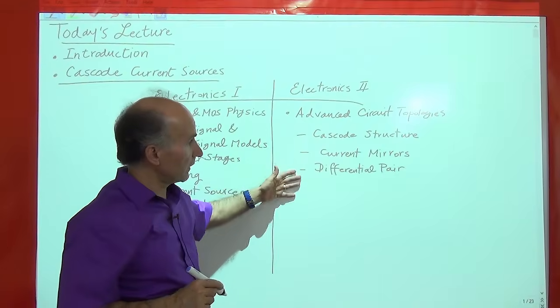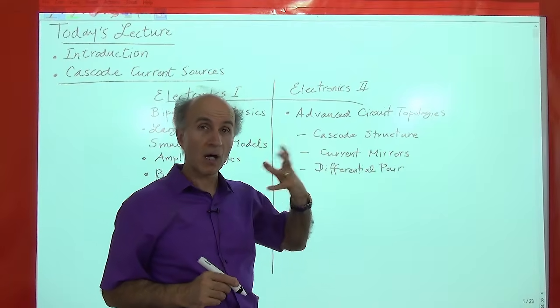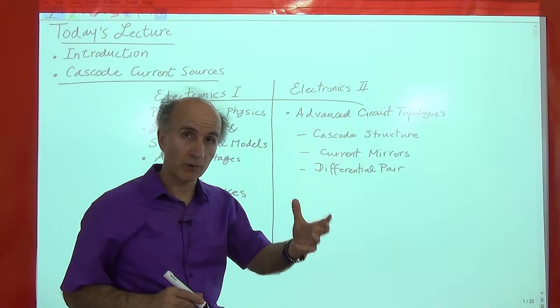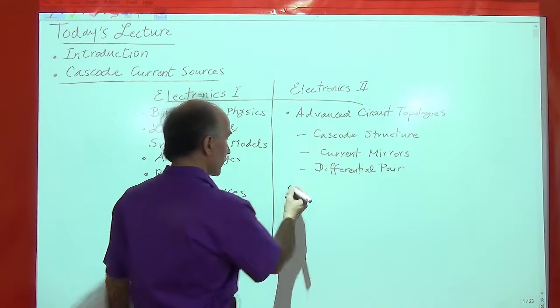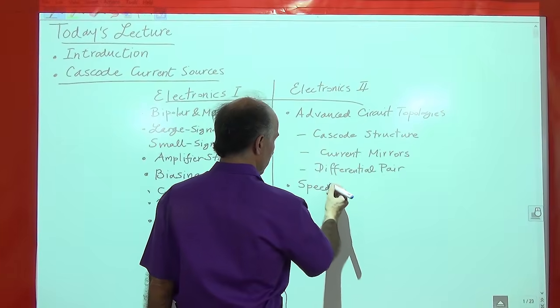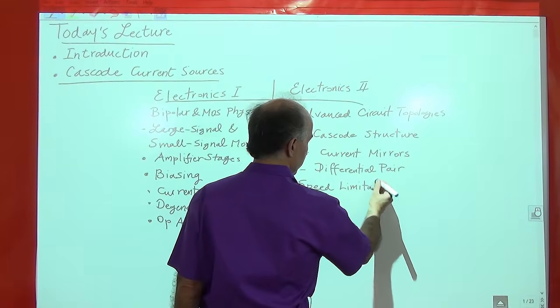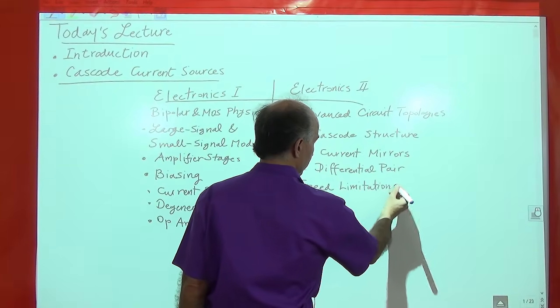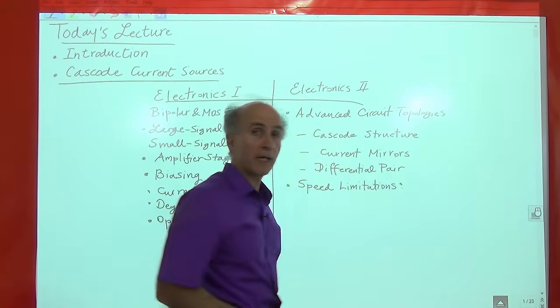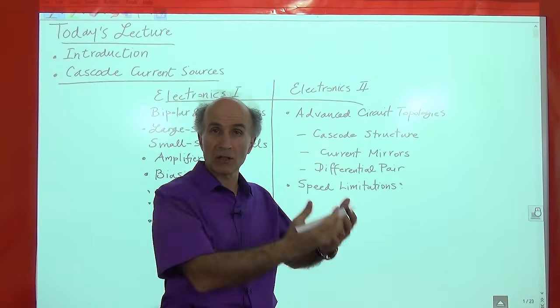Okay, now in addition to these, we also want to explore some interesting concepts that prove important in practice. One of which has to do with speed limitations. If I am given a circuit, how do I know how fast it can operate?